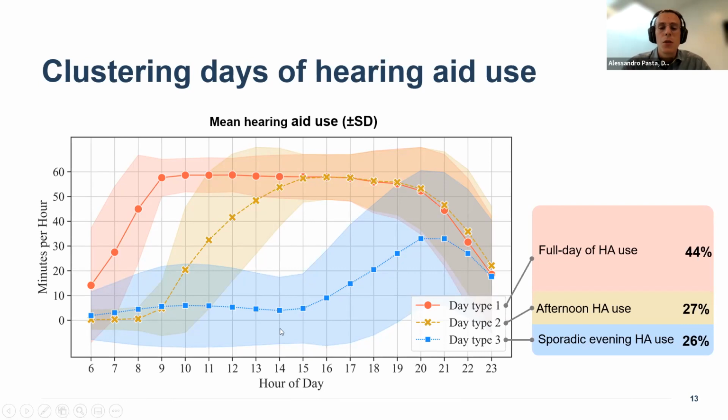And now that we have 3 clusters, we can represent the users, our 15,000 users, by the time spent in each of these 3 typical days of hearing aid use. So by using a matrix that accounts for the within user standard deviation, the day-to-day variability in hearing aid use.